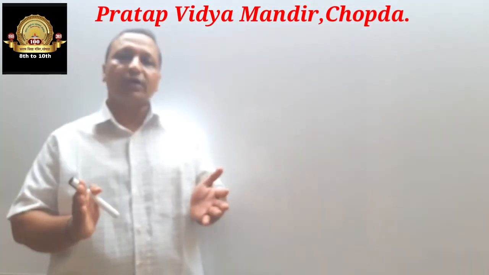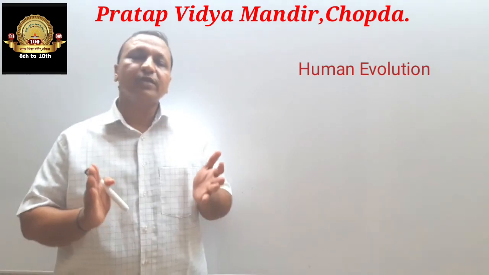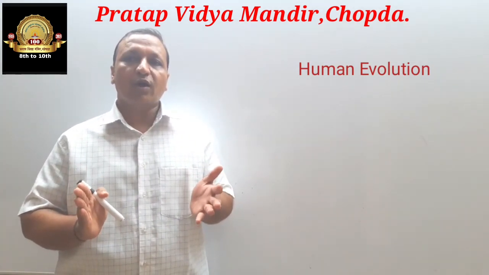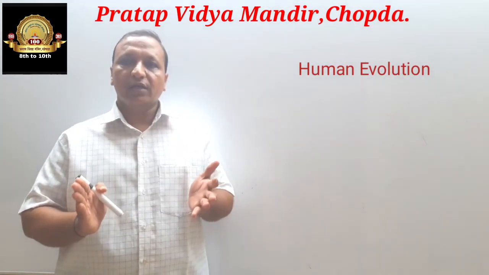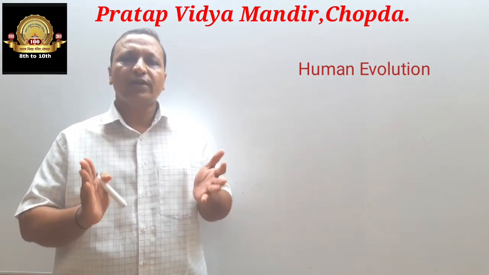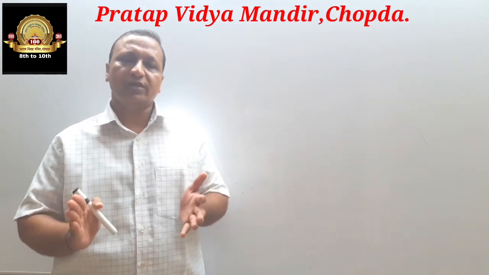Then our last topic is human evolution. The dinosaurs became extinct around 7 crore years ago, and from that point human evolution began. In a simple way, human evolution means the journey from ape, meaning monkey, to today's human being.